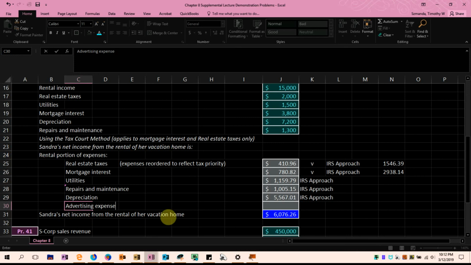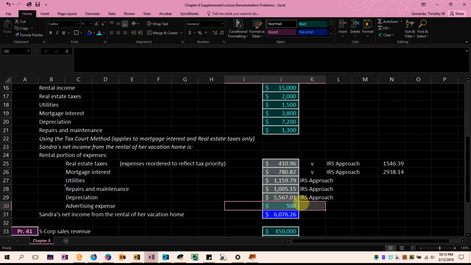Well, if we have advertising expense, there's no calculation needed. There's no allocation to be done. And so, let's say we had $500 of advertising expenses. We just enter the advertising expense on Schedule E. There's no allocation because this is not a shared expense. This is not shared between personal and rental purposes.